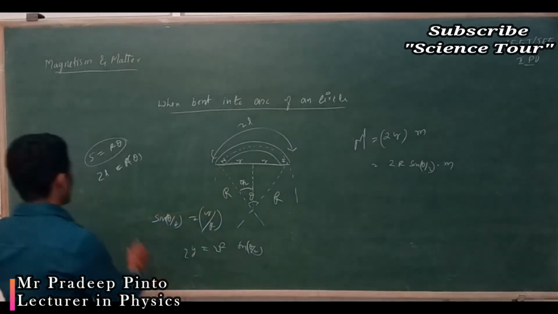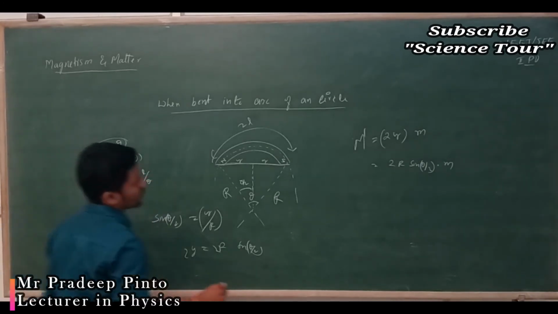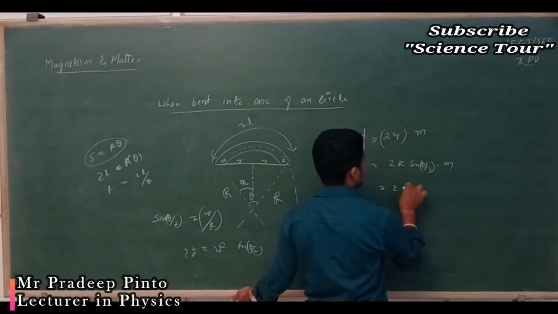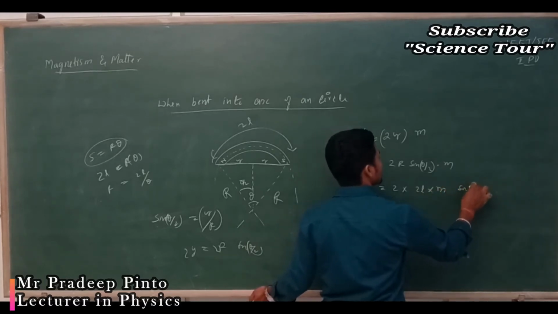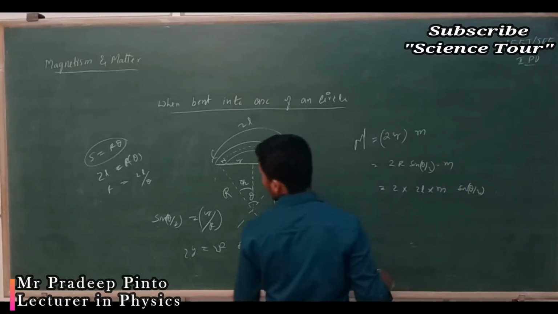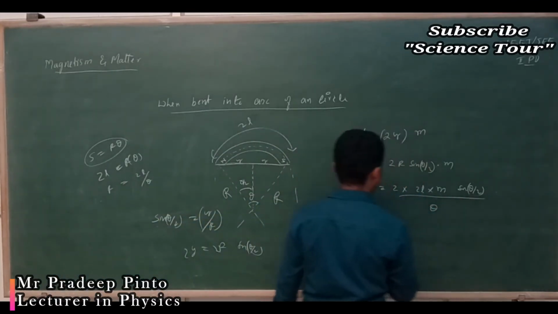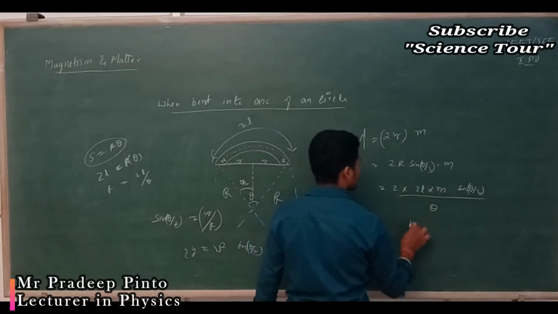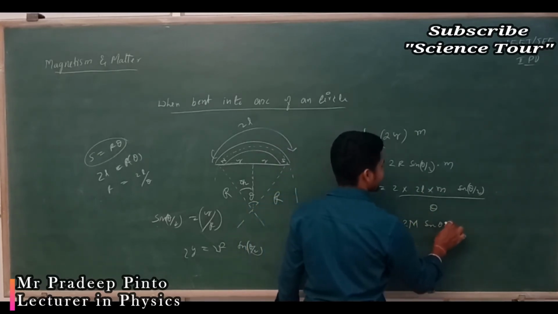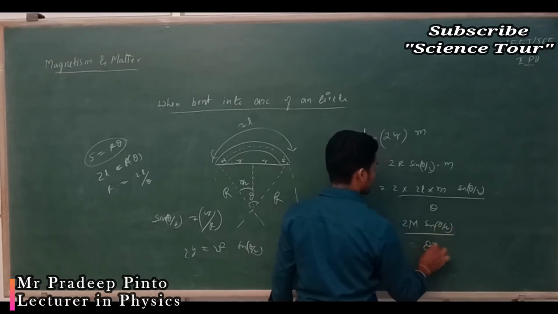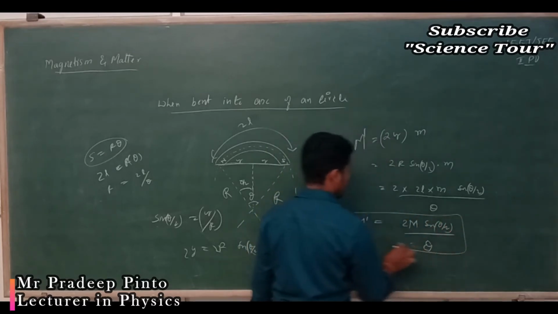R I can write as 2l by theta. So I am going to write 2 into 2l into m into sin theta by 2, divided by theta. So 2l times m is nothing but the actual magnetic moment, into 2 sin theta by 2 divided by theta, and that is the newly formed magnetic moment.